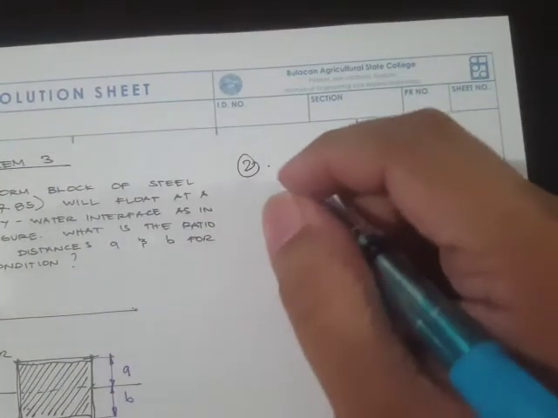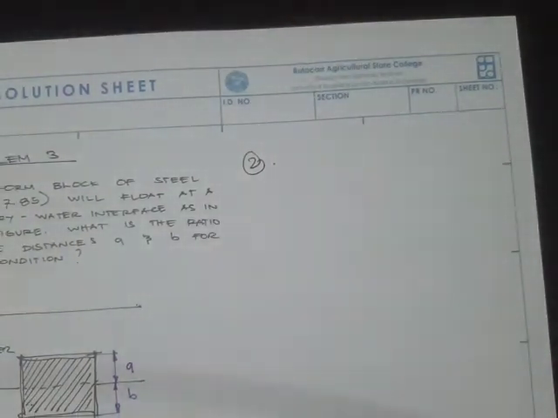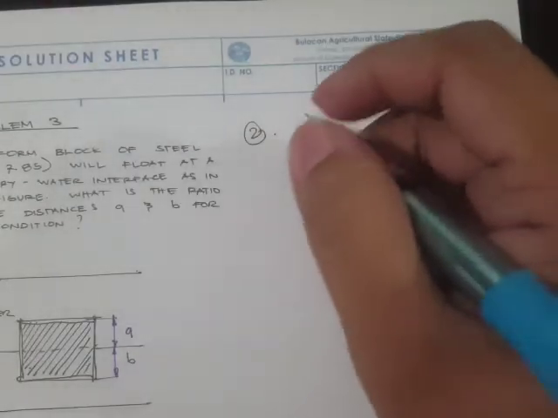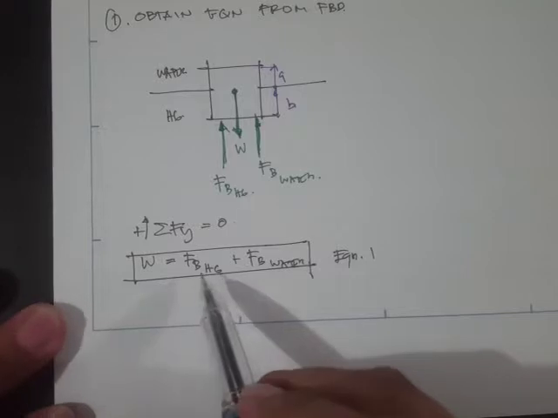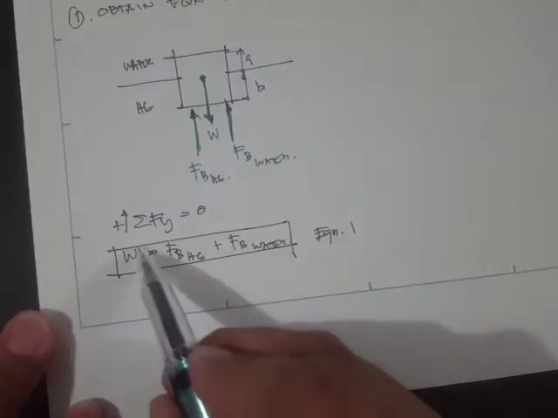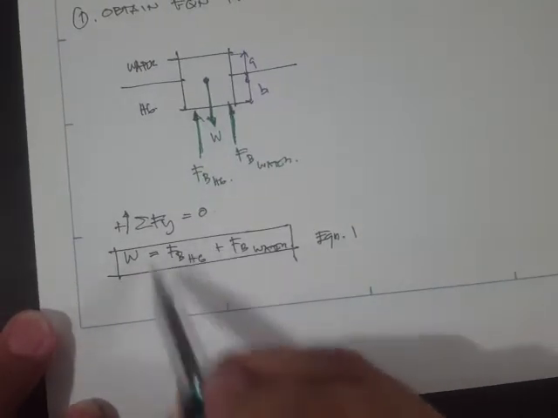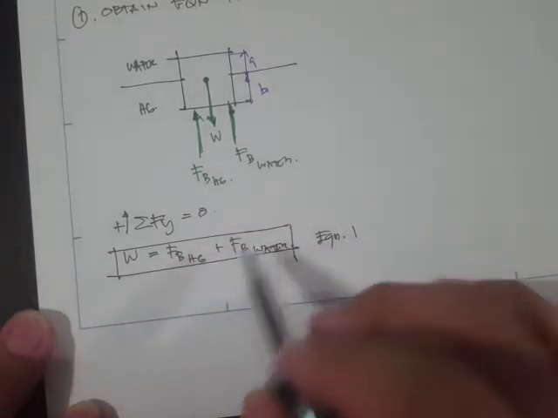Okay, let's label this equation number 1. The next step is to solve for the value of the weight, and then the value of the buoyant force from the mercury, and also the buoyant force from the water.